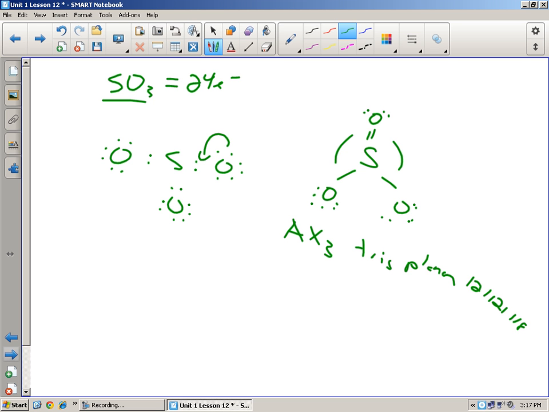Because even though we have AX3, and I don't care about the double bond, we have to look at what the angles are, whether the forces are going to cancel each other out in the big scheme of things. And because the bond angles aren't exactly 120, 120 and 120, they're off a little bit, they're not going to cancel each other out.